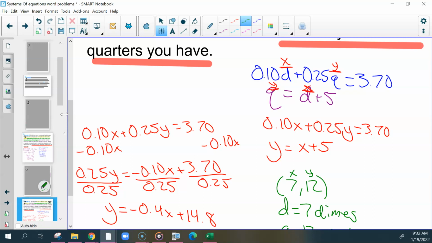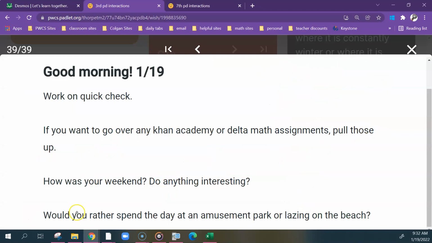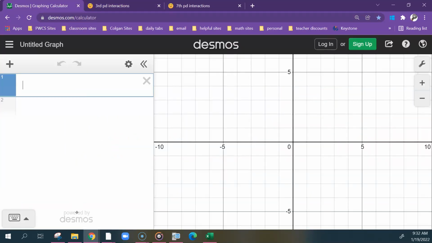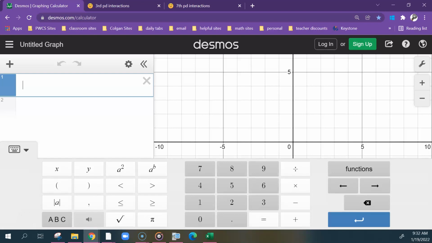But to show you how you put that in Desmos, let's do that really fast. So one of our equations, 0.1x plus 0.25y equals 3.7.